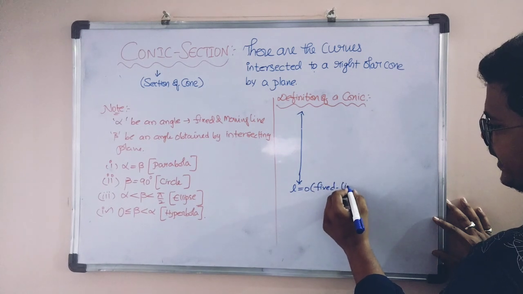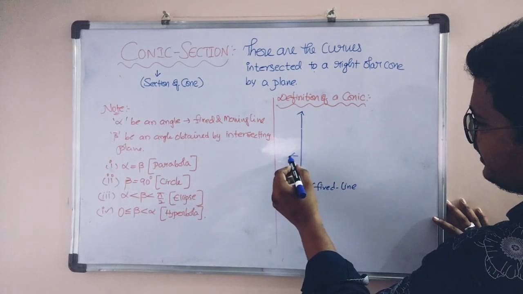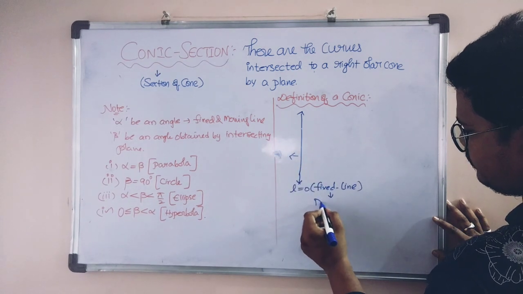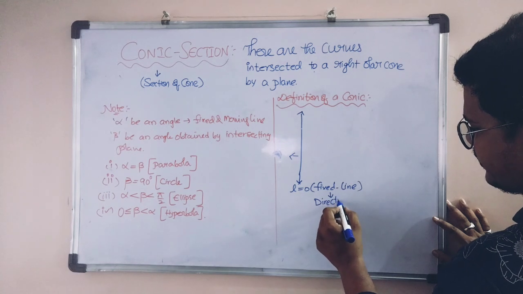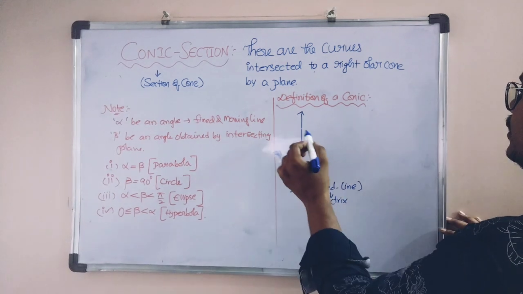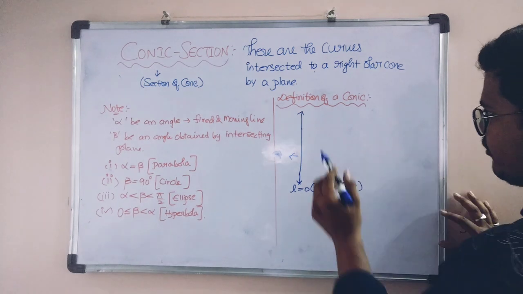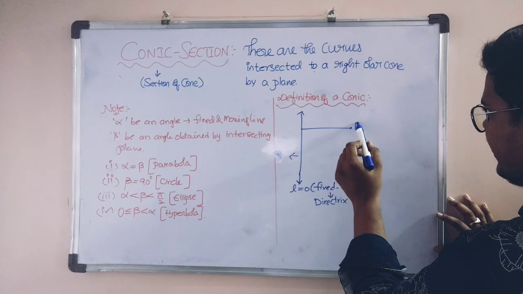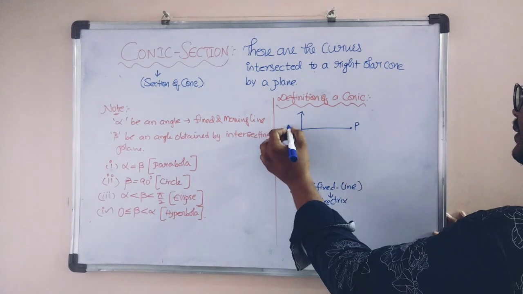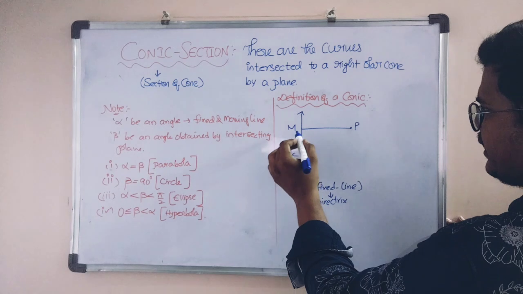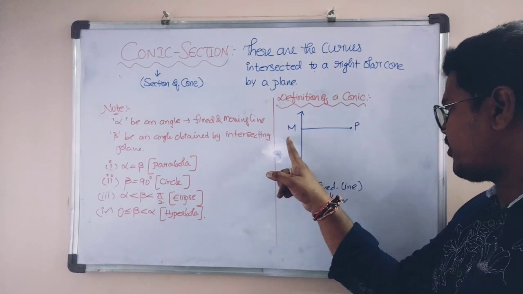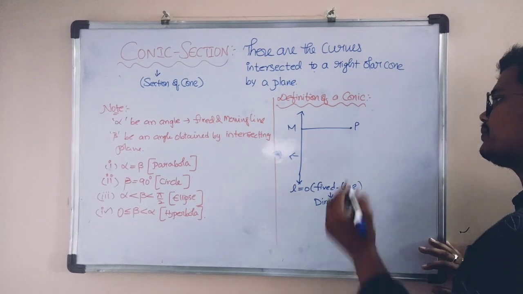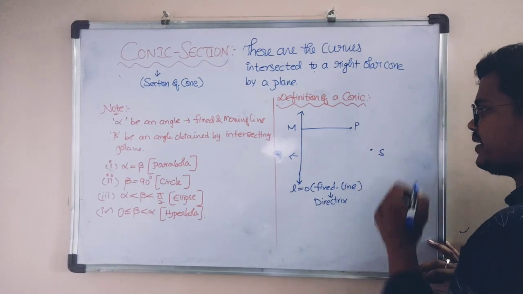What do we call this fixed line? It is called the directrix. See, we are drawing a perpendicular, which meets at point P here. This is M. Here M is the projection of P on the fixed line, the directrix. And next, there is a fixed point S here.